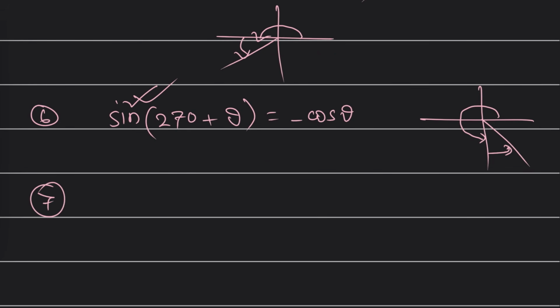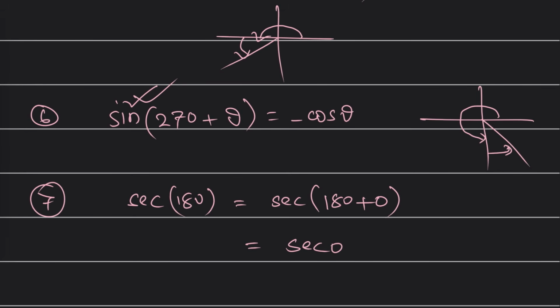Let me ask last question from this concept. My question is, what is the value of sec 180? So you will write simply sec 180 plus 0, 180 no change, sec 0. Quadrant, sir?